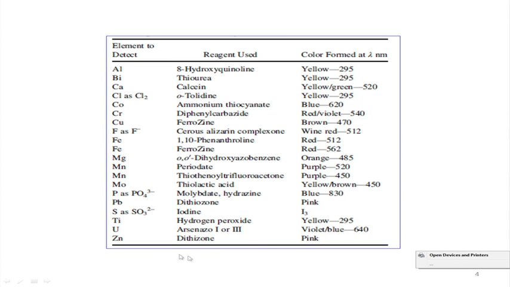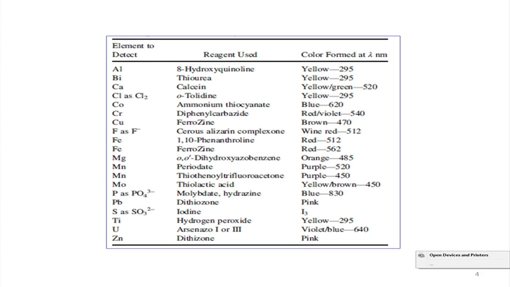Now, we will take another very simple example. If we try to detect aluminum, which is not a transition metal ion, because most of these transition metal ions, we all know, are colored and also impart some coloration to the solution when they react with the reagent. A very specific reagent we call 8-hydroxyquinoline. So, what is that reagent?